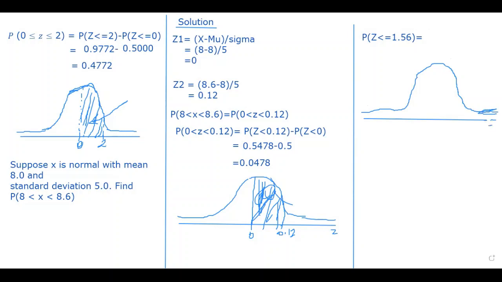So this one was in Z, so there's no need for you to standardize. So we are saying the mean is always 0 for standard normal distribution. The standard deviation is 1. Okay, so this one is Z is less than or equal to 1.56. So this one will be on the right, above the mean. So the 1.56 will be here.